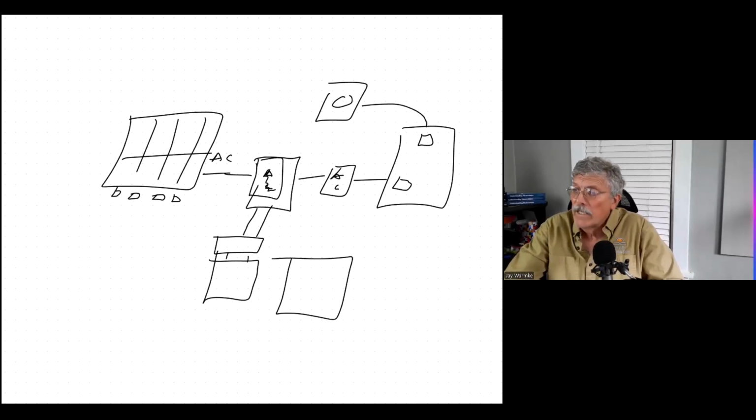The other issue is that all of these devices now have communication systems. So this combiner box has a communication system, your battery bank has a communication system, and they're all communicating with each other. In order to make that communication happen, you've got to use proprietary equipment.